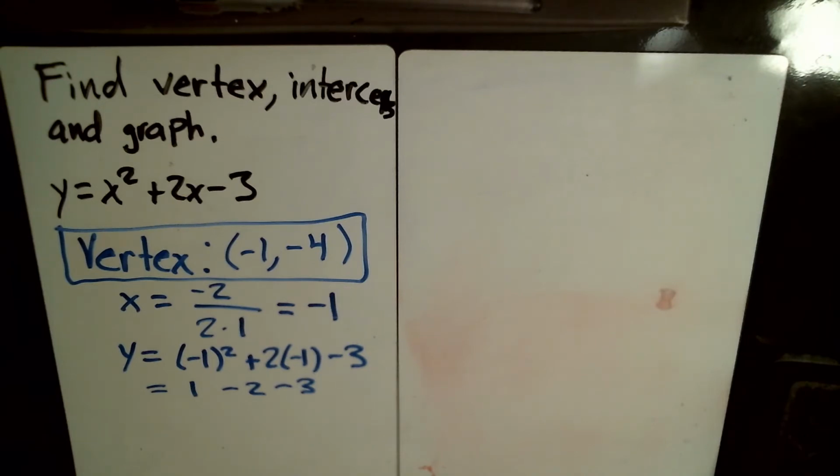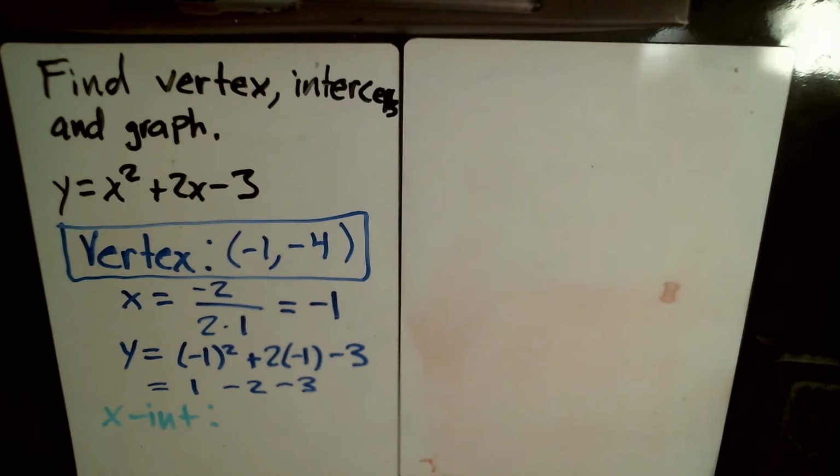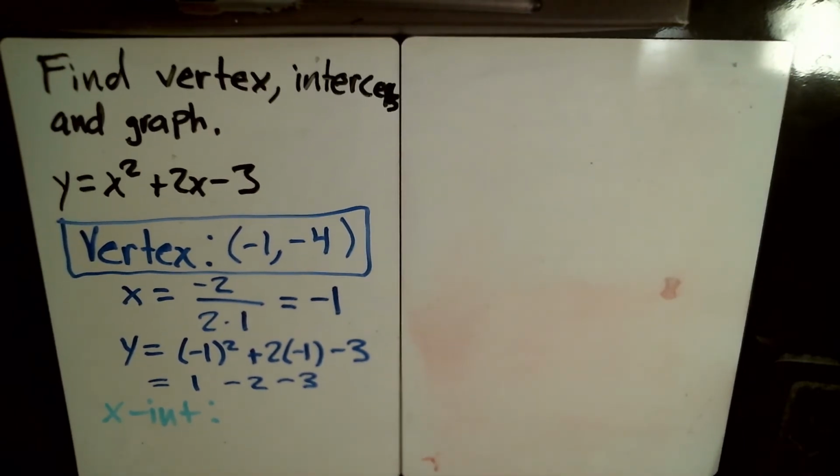So now let's look at intercepts. Okay? Let's look at our intercepts. What kind of intercepts can you have for a graph? Well, we want to find all of them. So let's start with the x-intercepts, it doesn't matter. To get the x-intercepts, that's where it crosses the x-axis.